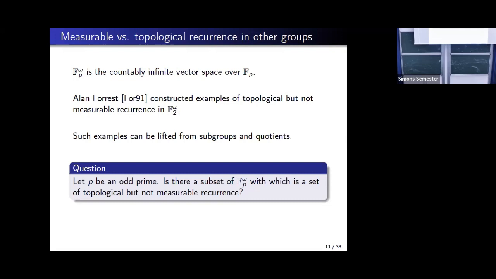And these examples can be lifted from subgroups and from quotients. So the Kriz example and Forrest example here resolve this question about topological but not measurable recurrence in a lot of groups. But it turns out whether you can do the Kriz example in F_3^ω is still open.